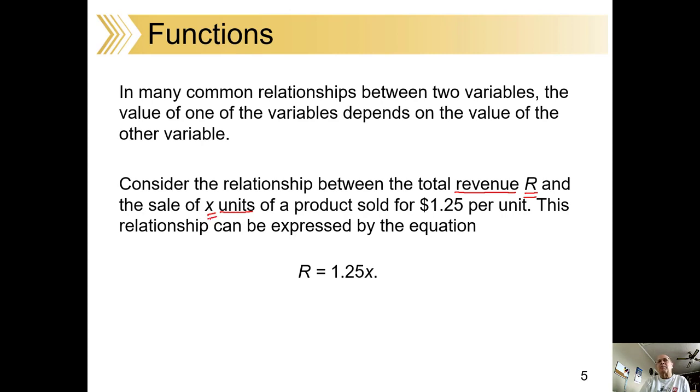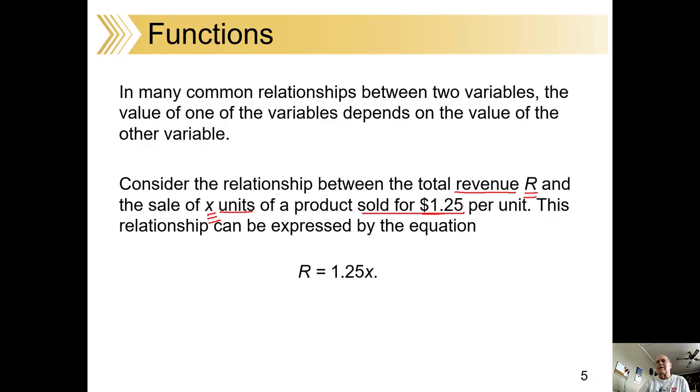And for some of you, that might be 100, might be 152, whatever it is. x represents that. So each one of those items, whatever you decide you're going to sell, sells for $1.25 per unit.